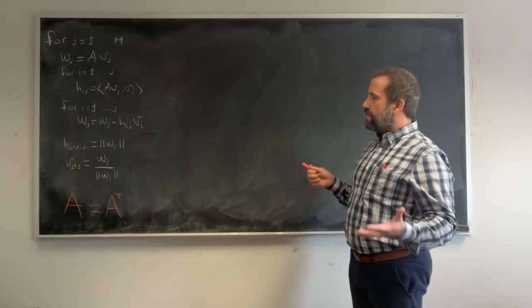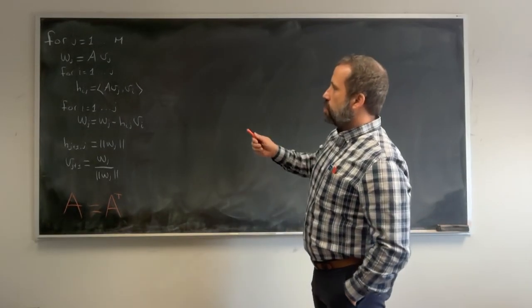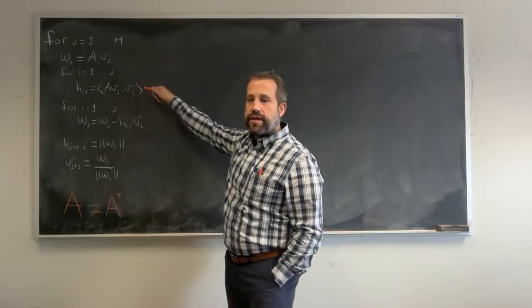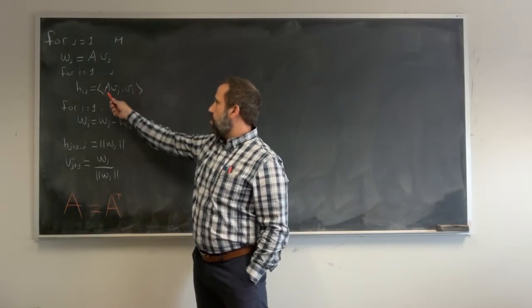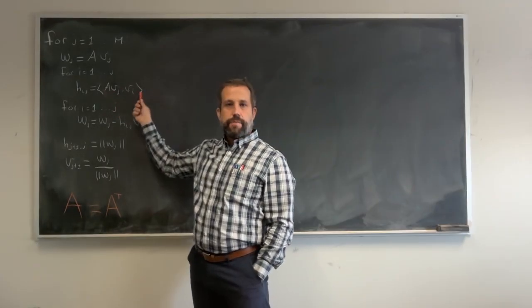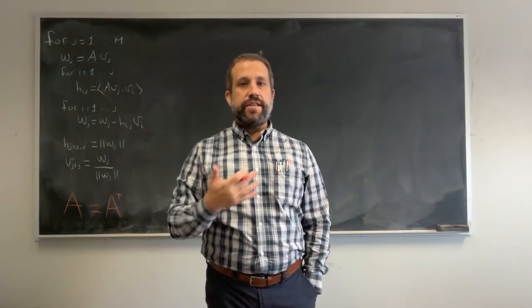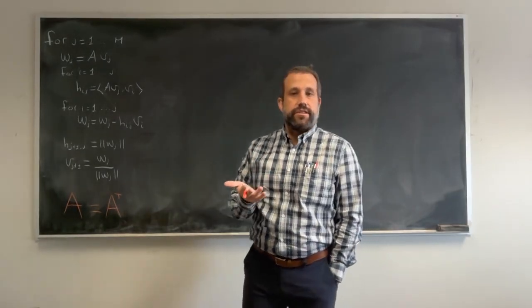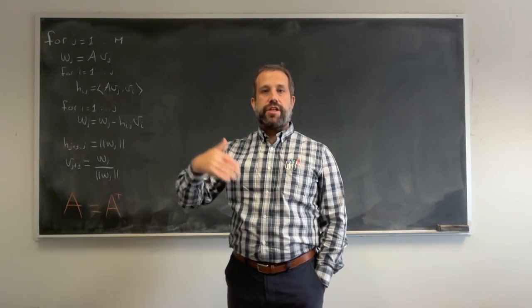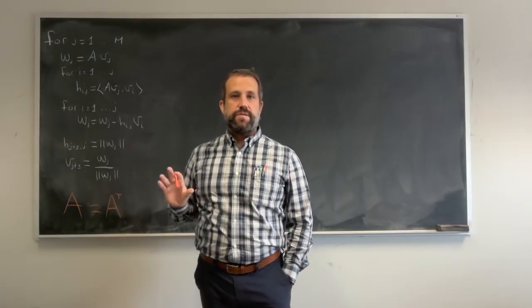Well, before I even answer that question, I want to do one computation. Here we define the ij entry of the Hessenberg matrix to be the inner product of AVj with Vi. This is a good pattern because, as I mentioned last week, the Hessenberg matrix is how we write the action of A on the Krylov space relative to the basis that this is building.